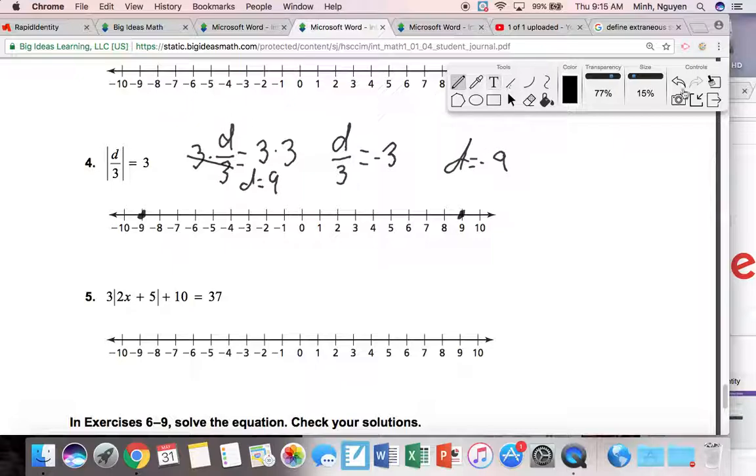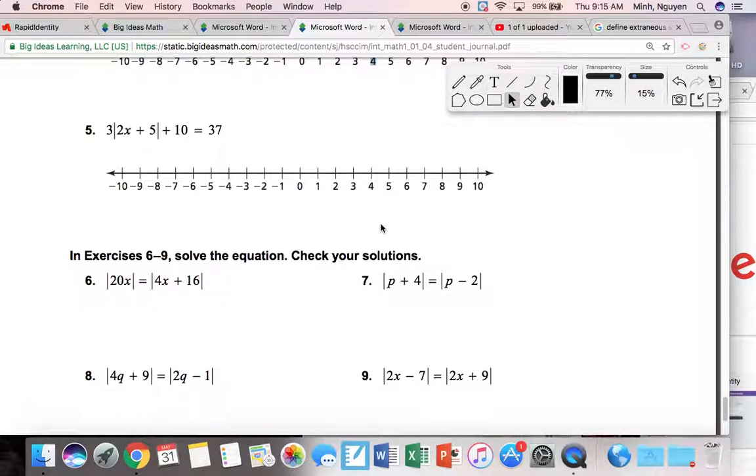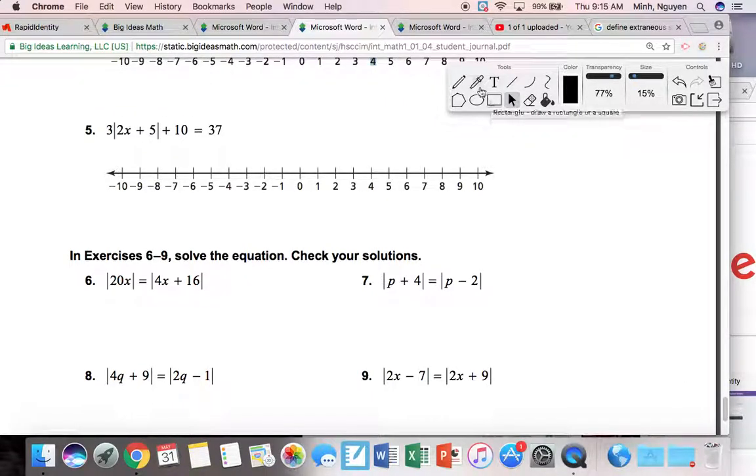Okay, so for number 5, we have even more interference with our absolute value. To deal with it, we have to get rid of all that other extra stuff first. So let's start with the 10.